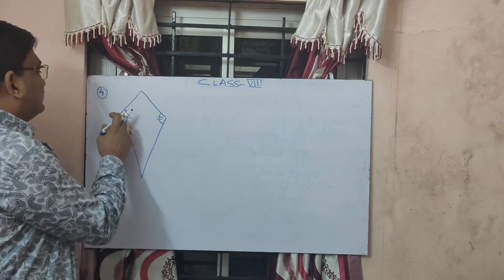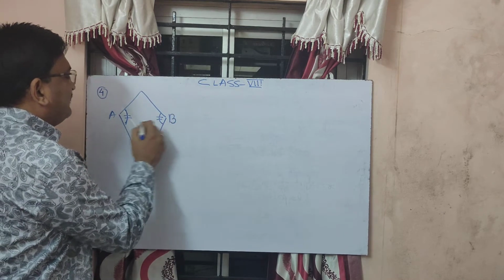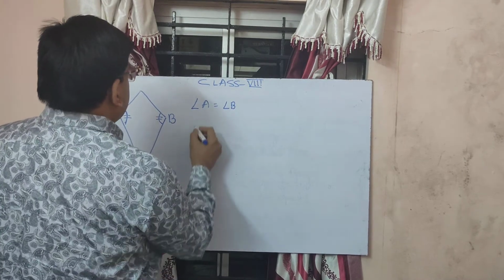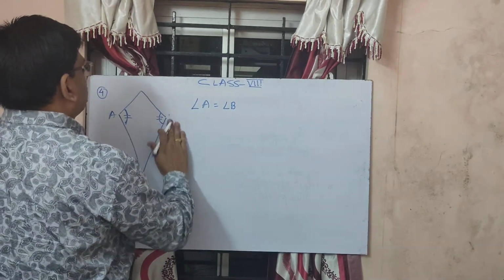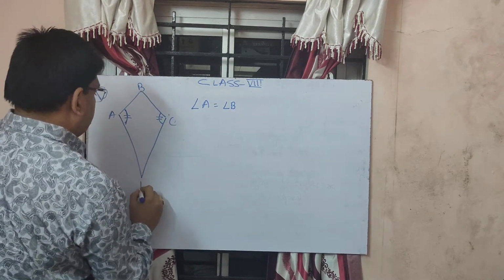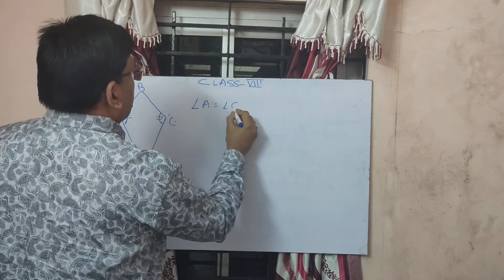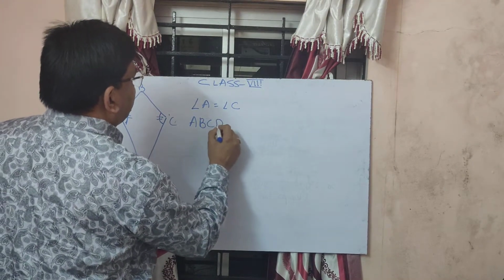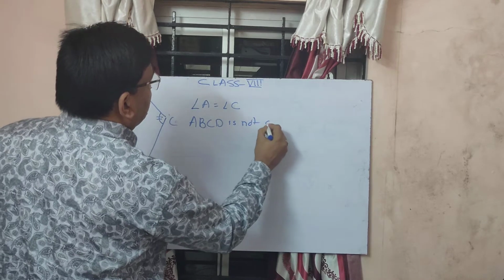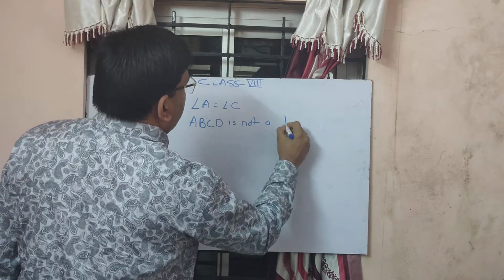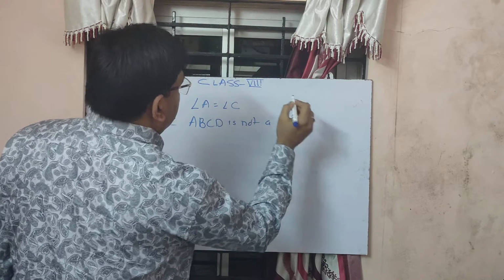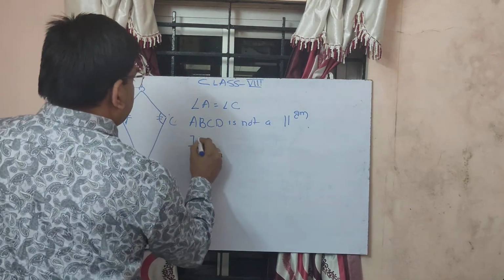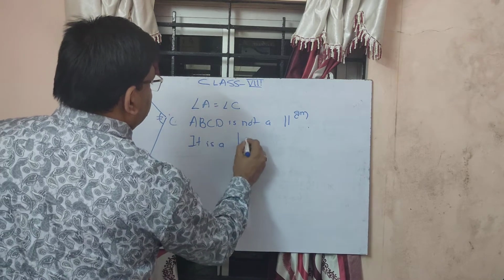Now you can see angle A and angle B. Angle A is equal to angle B, and A, B, C, D. Angle A equal to angle C, and ABCD is not a parallelogram. So what is this? It is a kite.